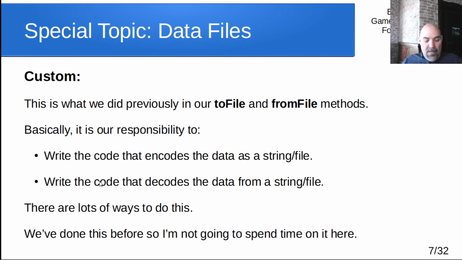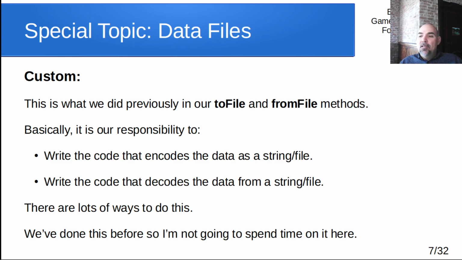Okay, now custom ones, we said we did that before, and we'll just briefly touch on that. But basically, we write the code that encodes the data as a string or a file, and we write the code that decodes it. And we did that before. We just looked at the code, that to file and from file.